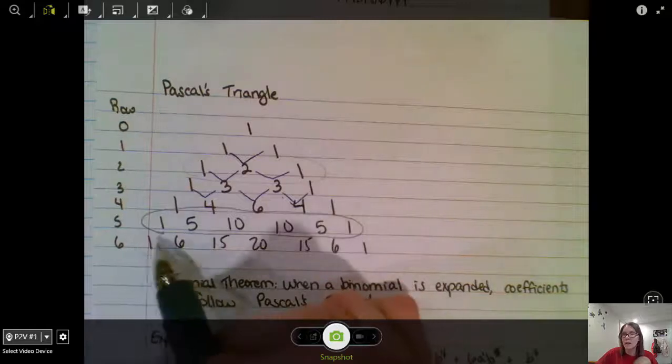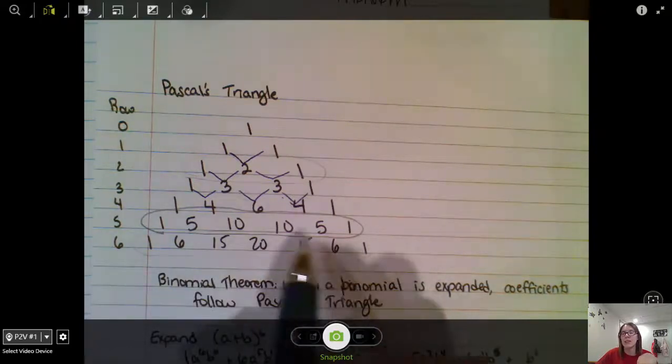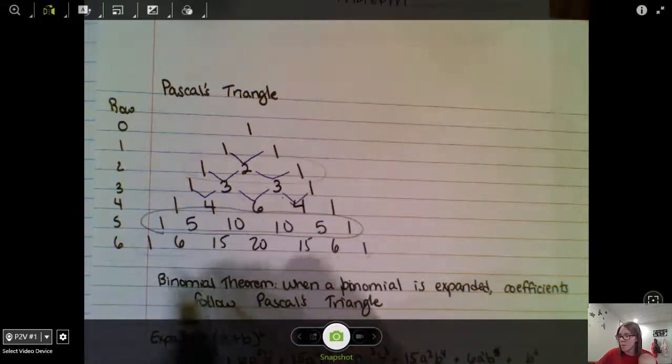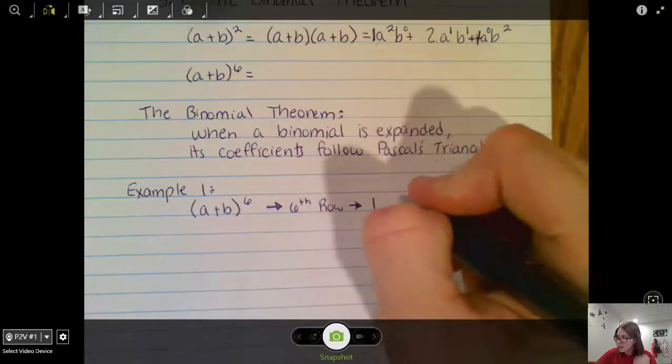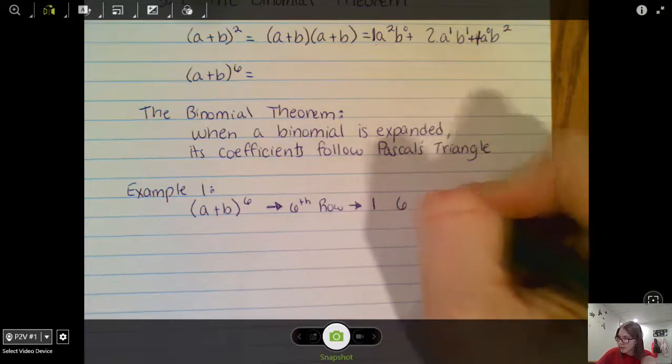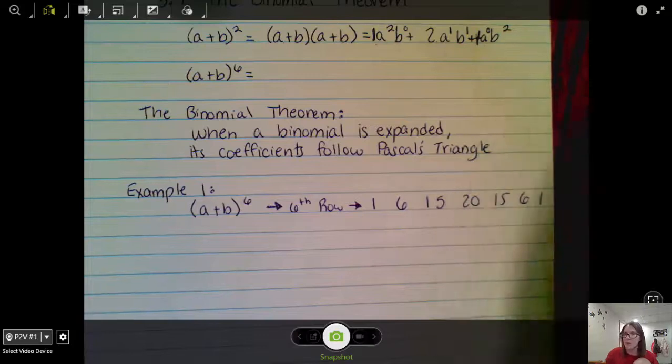And my 6th row, that's the bottom here, 1, 6, 15, 20, 15, 6, 1. So I'm going to have a lot of terms when I expand this. But these are my coefficients. I'll write that down here. My 6th row is going to go 1, 6, 15, 20, 15, 6, 1.